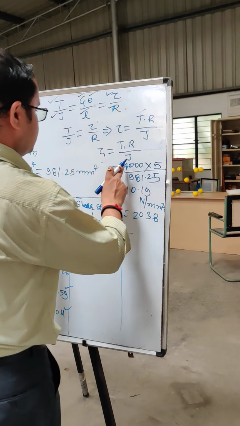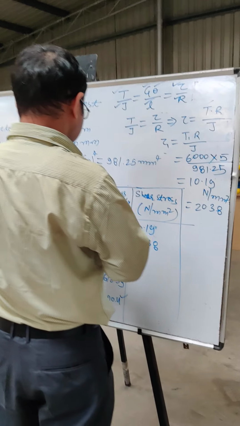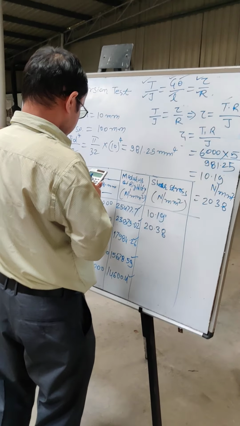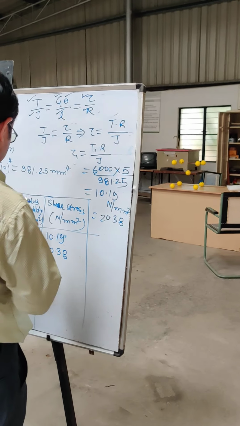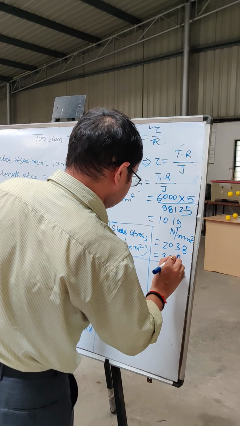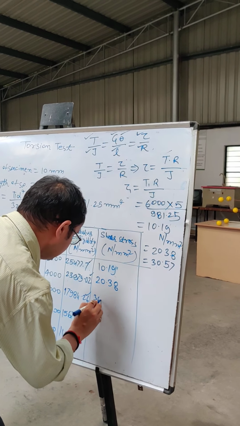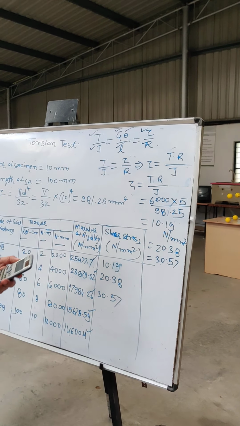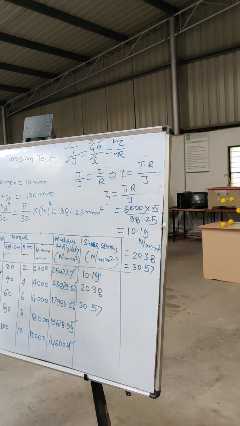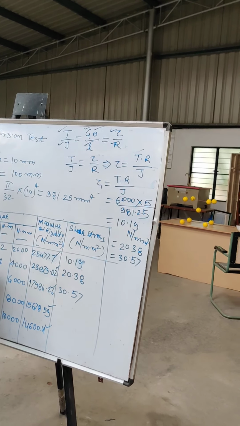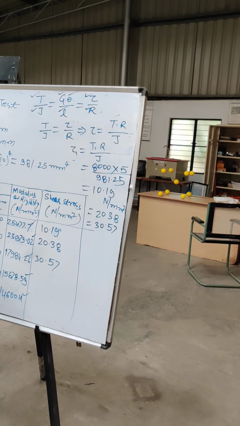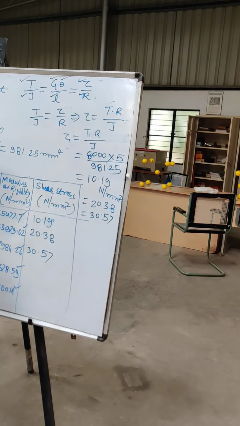Just we have to change to 6,000. So it is 30.57. Next we change to 8,000, and it is 40.76.